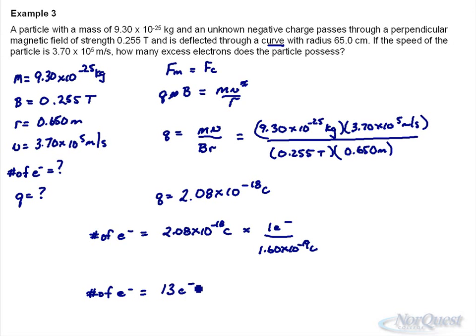So this would make sense. If you saw a number like 12.51, you might be a little bit suspicious of your calculation or your setup of your formulas. Should be a number very close to a whole number. That's a good indicator that you've done this question correctly.